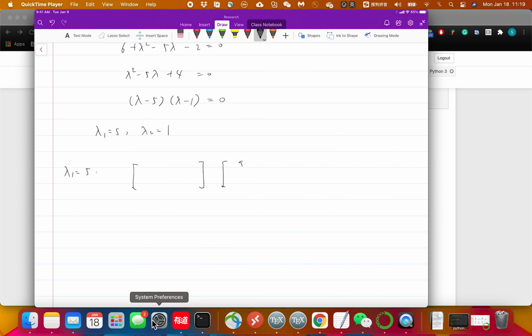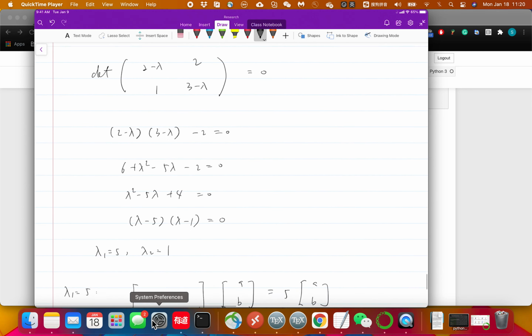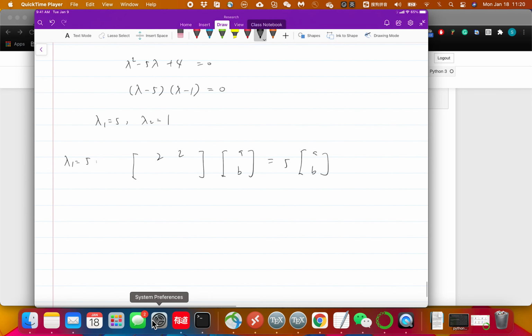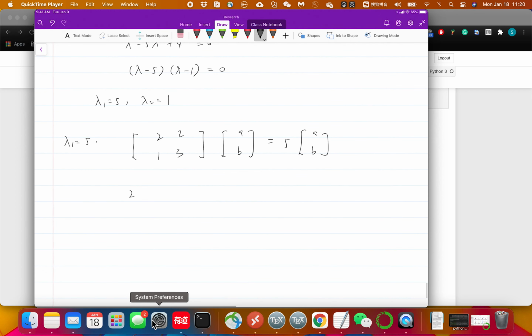Let λ1 = 5. A general vector v1 satisfies Av1 = 5v1, so [[2, 2], [1, 3]](a, b) = 5(a, b). So 2a + 2b = 5a and a + 3b = 5b.